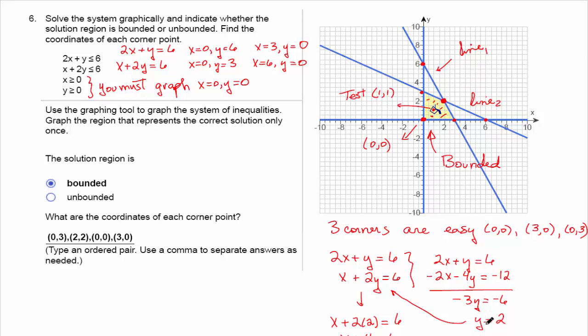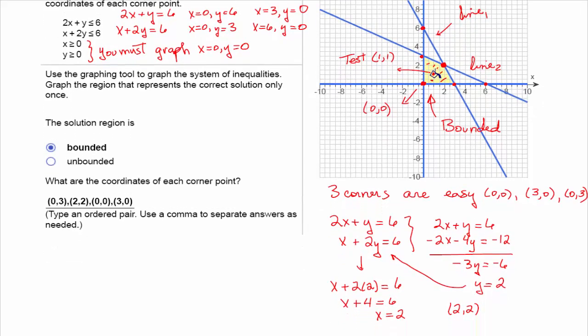And I get that y is 2. And if you plug in y equals 2, you have x plus 4 is 6, and you get that x is 2. So the solution where the two lines intersect is at the point 2, 2, and that's where that corner point is. And from the graph, I can see that that is correct.